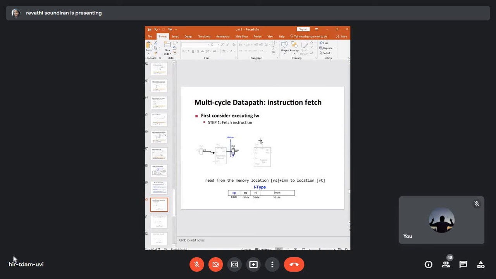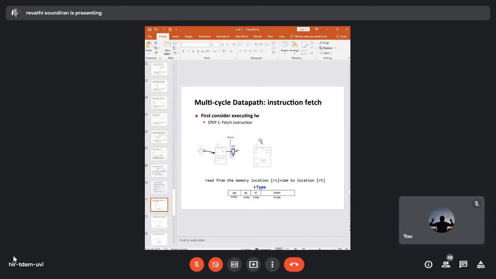Again, the first step in execution of the load word operation is with the help of your state elements, which is a unified instruction and data memory. The first state is fetching the instruction. It is very similar to before, but then you have the control signals generated for the next operations.